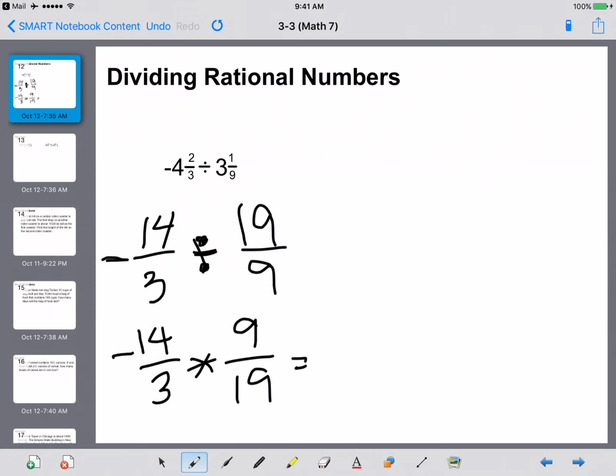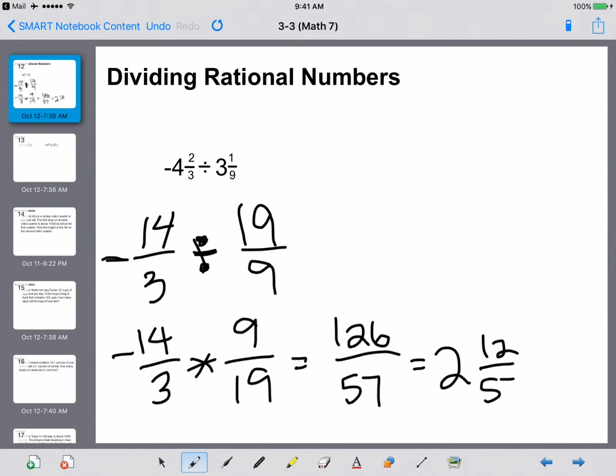14 times 9 gets us 126. 19 times 3 gets us 57. 57 goes into 126 2 times, with 12 remaining out of our 57. And I'm trying to think if we can break that down any way.